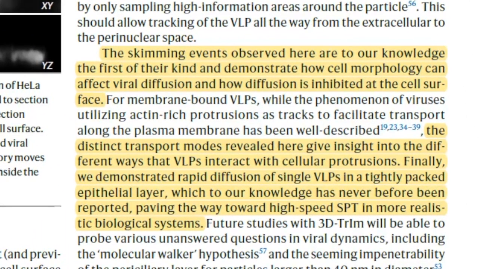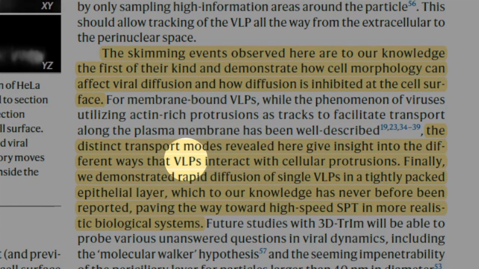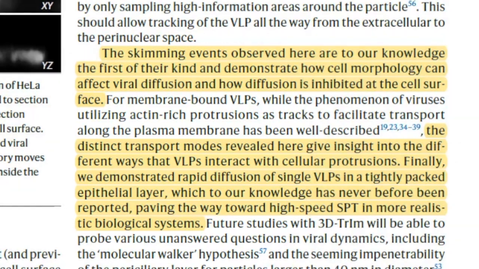And then going on, the distinct transport modes revealed here give insight into the different ways that VLPs, virus-like particles, interact with cellular protrusions. And I think that's a valid conclusion. It just doesn't tell us anything about nature or what really makes us sick.